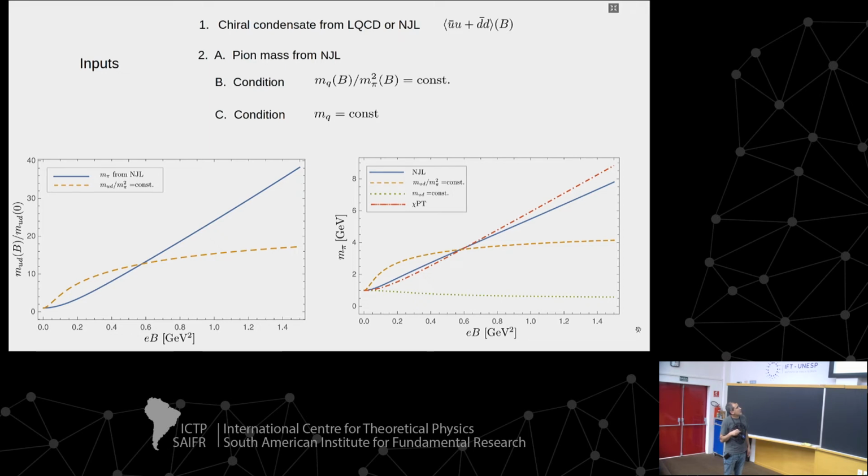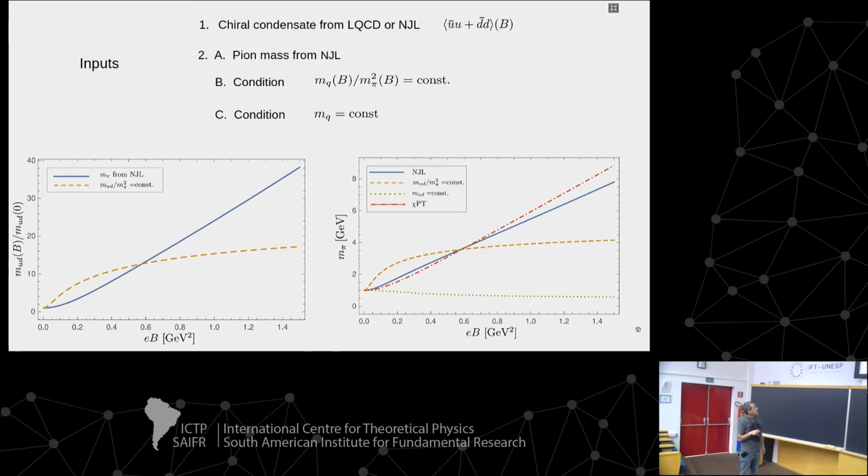We can obtain it from Nambu-Jona-Lasinio, or, as a common consideration, the quark mass runs in the same way as the pion mass up to a square. And there's also a third condition, that the quark mass is constant.